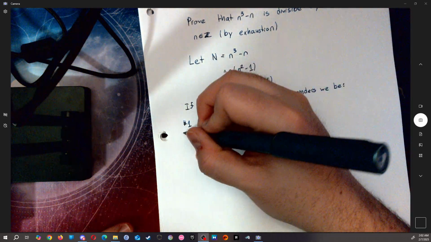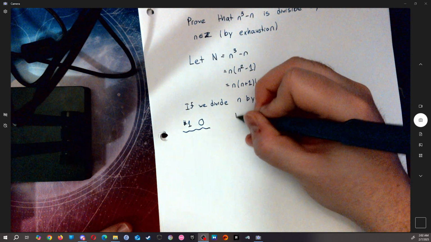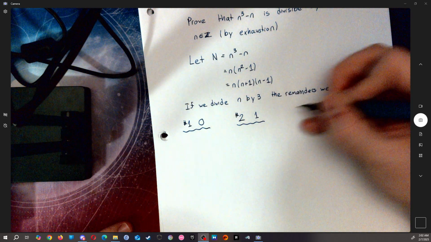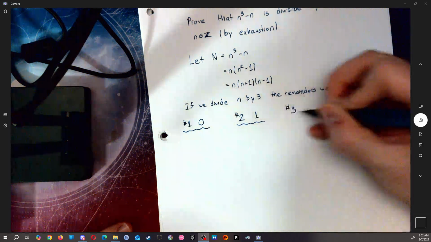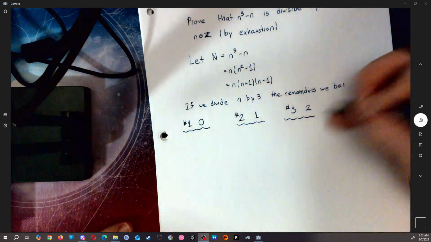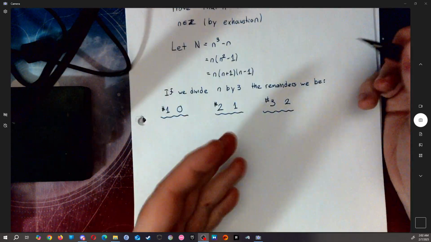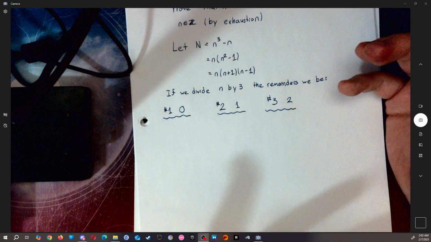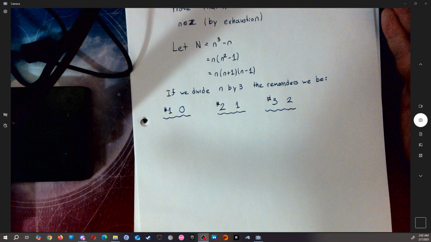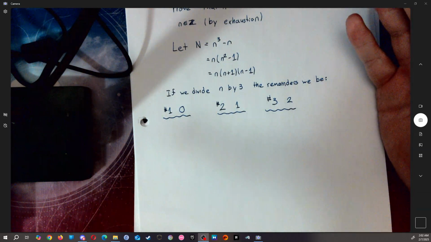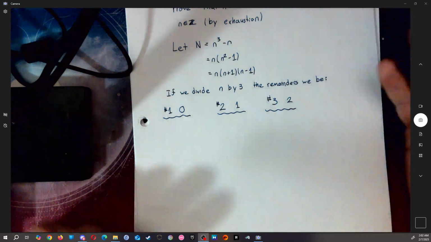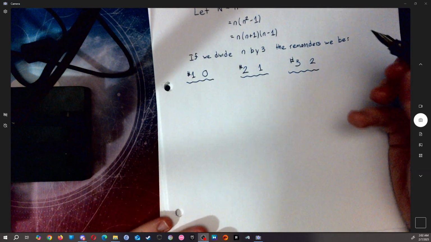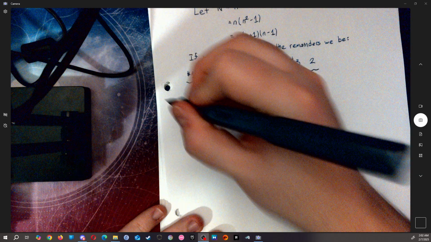I have scenario number 2, where I get a remainder of 1, and scenario number 3, where I have a remainder of 2. And then, of course, I don't have a fourth scenario, because if my remainder would have been 3, that's not really possible. If I'm dividing by 3 and my remainder would have been 3, then I've made an arithmetical mistake, because that would just mean that the number would be divisible by 3.